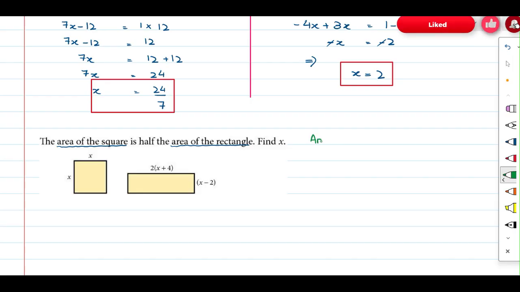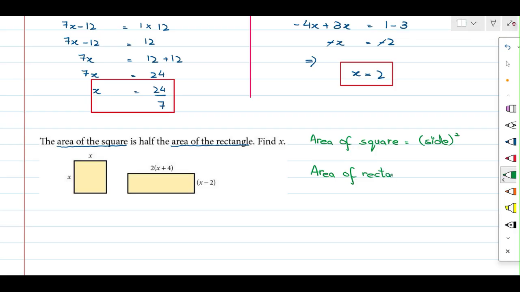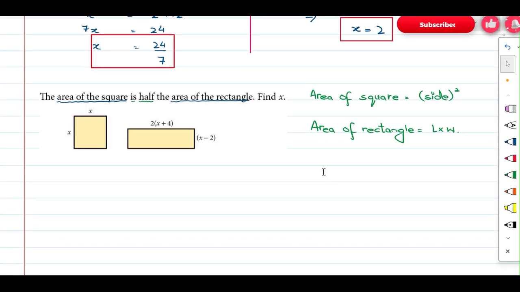Area of square is side square, and area of rectangle is length times width. Now the area of a square is equal to half the area of a rectangle. We need to solve for x.